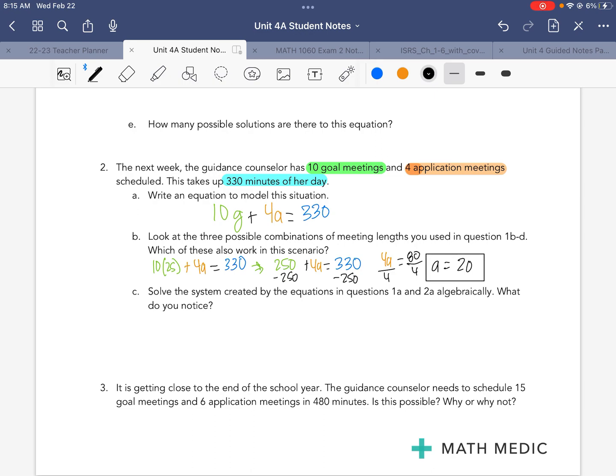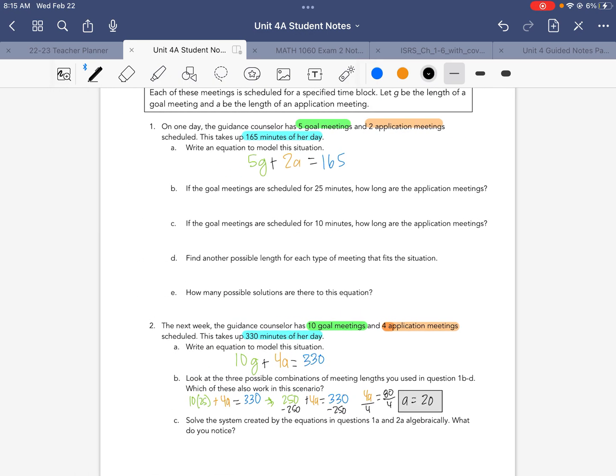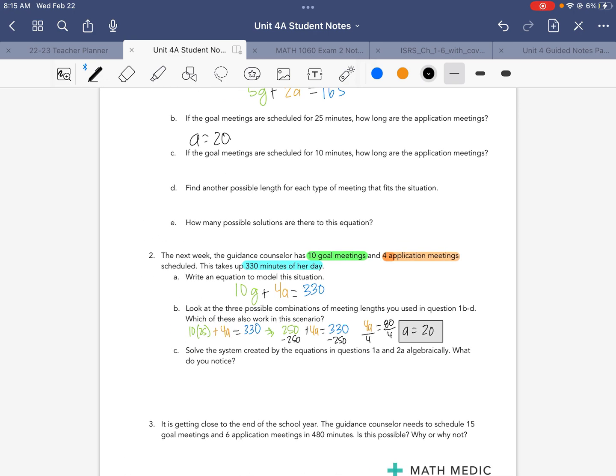And sure enough, if you have your notes written down from this one, that was also if G is 25, then A was supposed to be 20. So that's the same thing that we got before. And then we checked some others, and we figured out that every single one of them works the same way. So then I wanted you to look at this and solve the system, but with the equations.